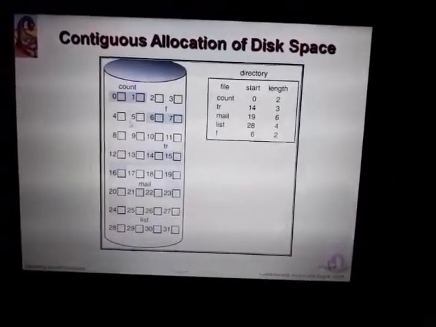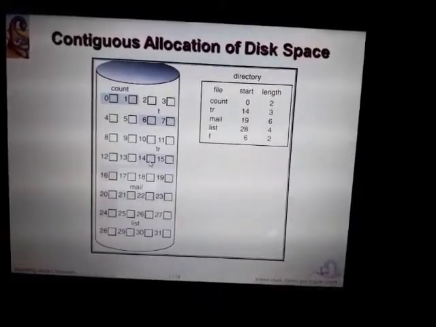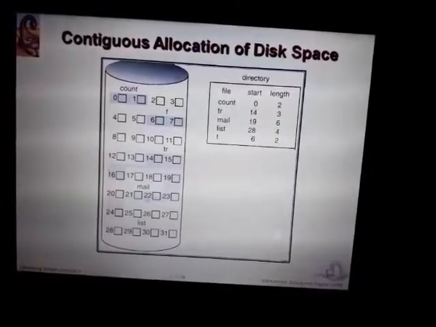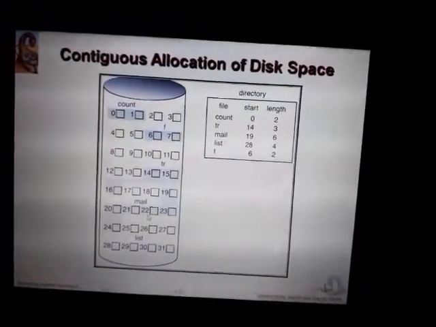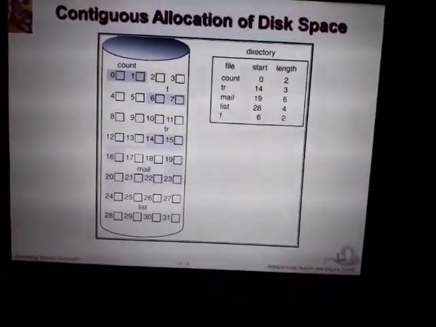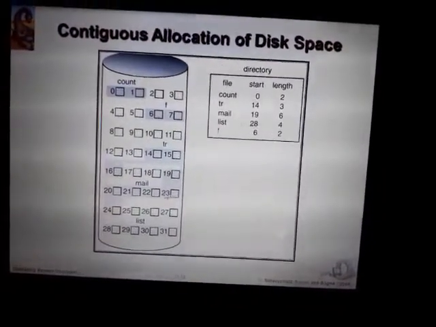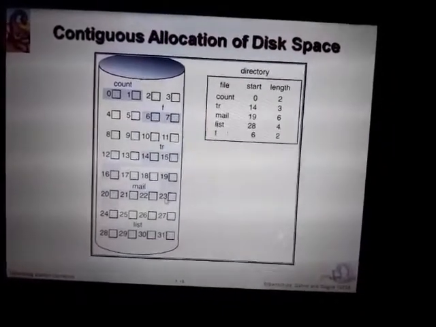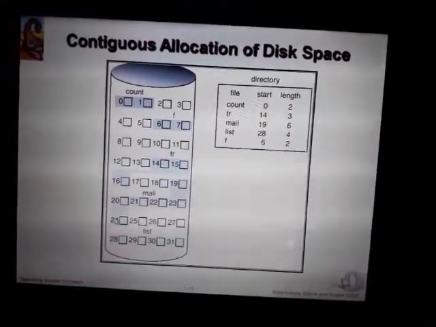In the same way, the TR file starts at 14, and 3 blocks are allocated to this file. For mail, the start block is 19, and a total of 6 blocks are allocated to it, that is 19, 20, 21, 22, 23, up to 24.